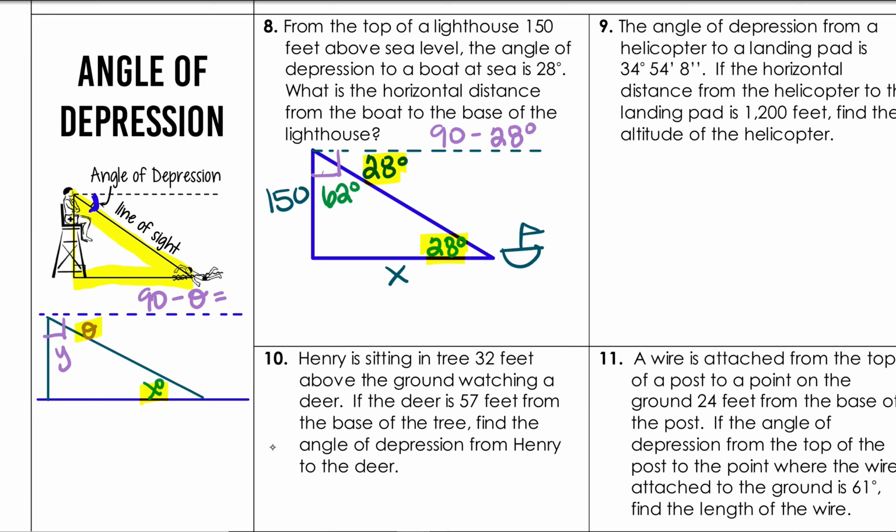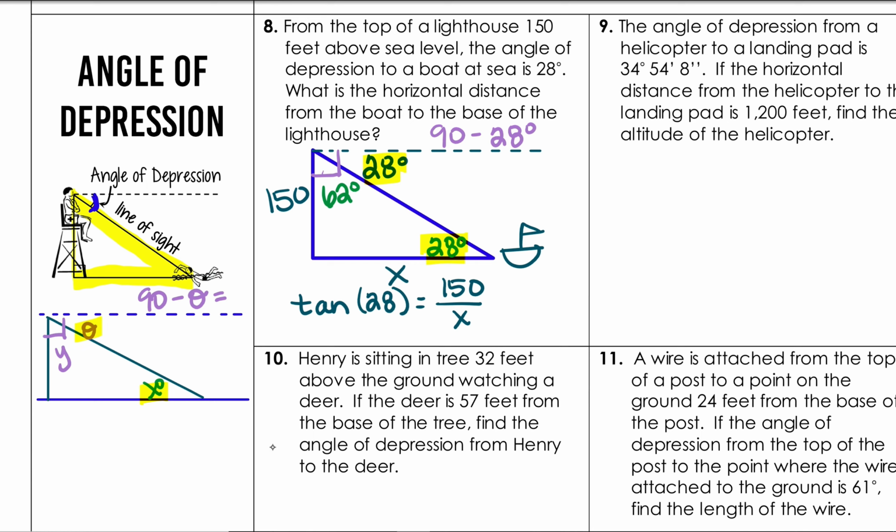So here, let's go ahead and try to solve this. So if I have opposite and adjacent, then I'm using tangent. So tangent of 28 degrees should equal 150 over x.